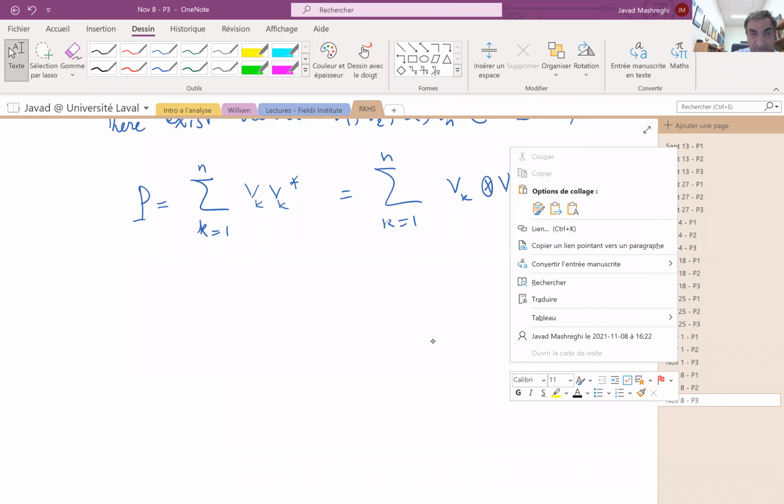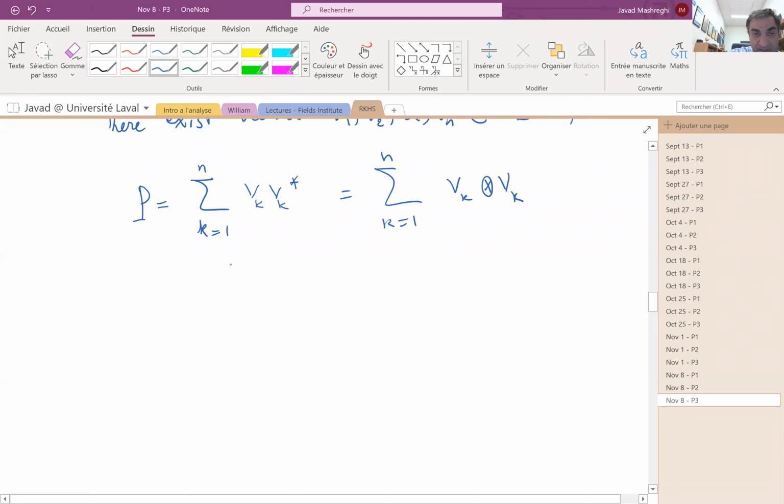In the first case, we have a matrix, a vector like this multiplied by its transpose. So the result is an n by n matrix for each k. So this is vk, this is vk star. And you know, n by n matrices, add them all together, we obtain P. But it is also possible to interpret P as an operator on C^n. This is the version which is written here.